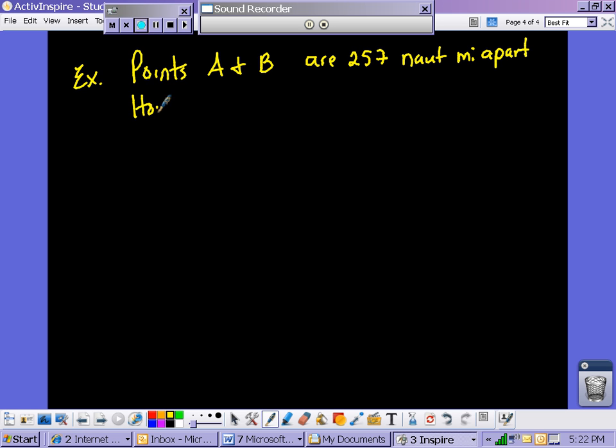How far apart are A and B in stat miles?